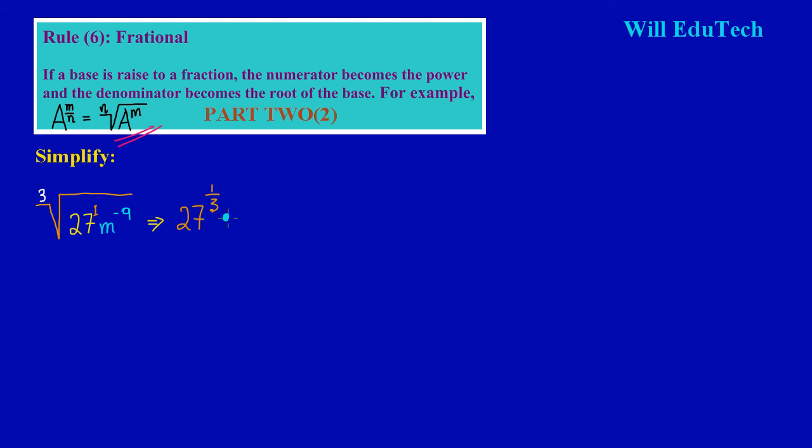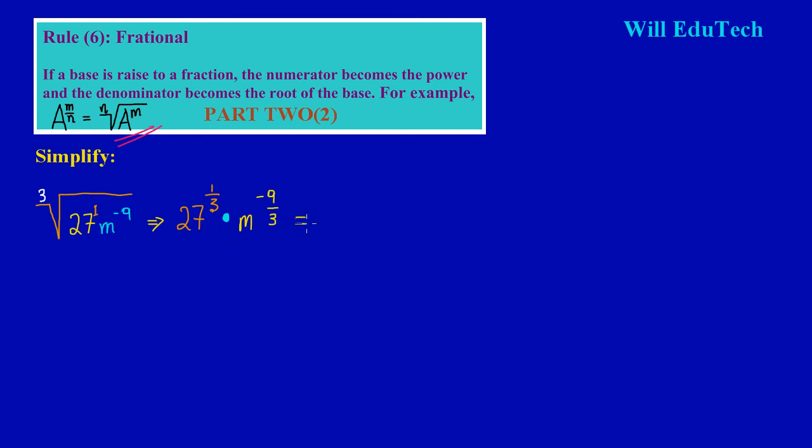This raised dot means to multiply, so I am really multiplying by m. And m is raised to the negative 9. Since negative 9 is the power of m, the negative 9 will go in my numerator, and the cube root, the 3, will go in my denominator. So it's another way of writing it.